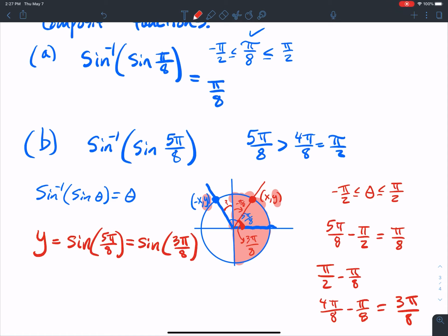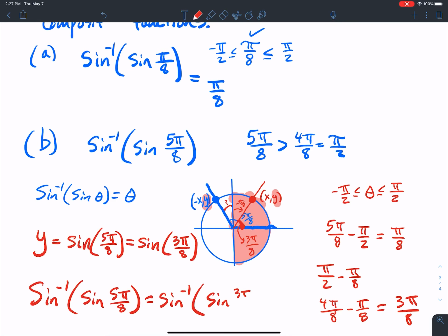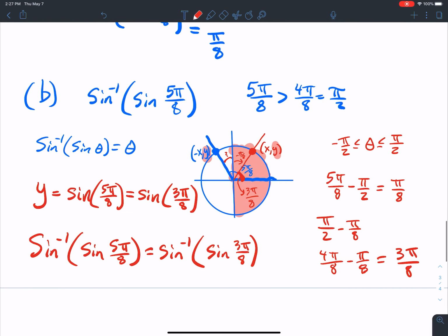Because now I can replace the sine inverse of sine 5 pi over 8 with the sine inverse of sine 3 pi over 8. And this is powerful because now I know that the sine inverse of the sine of theta is just theta. So this is 3 pi over 8. Why? Because my theta now is between negative pi over 2 and pi over 2.